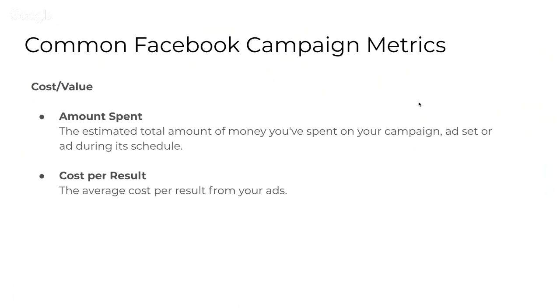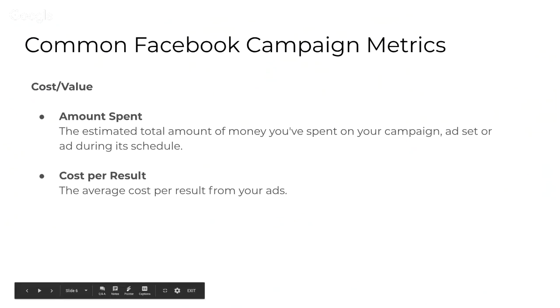And then the third bucket of metrics that are commonly used are just cost and value. These are going to be relevant for any company, small or large: the amount of ad spend, the money you're spending in your campaign, and then that amount spent per result. So how much is it really costing you to get the results that you're looking for?